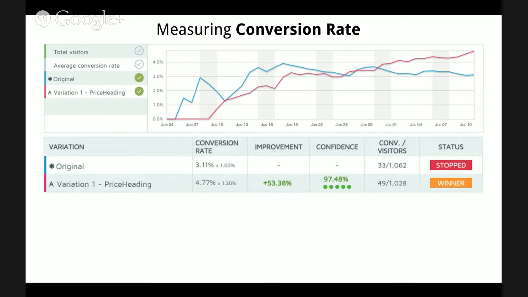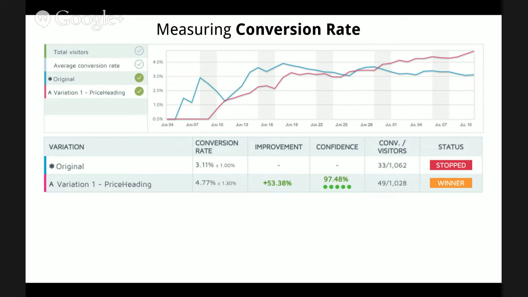The table below shows that, yeah, indeed, we've got over 97% confidence that variation 1 is going to win. And it's saying that we've got over 53% improvement in conversion rate, right? And that's got to be a great thing. We've increased our turnover by 53%.